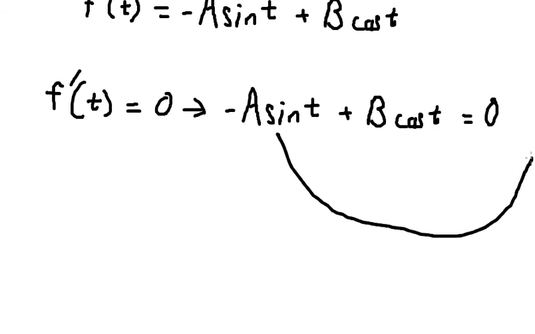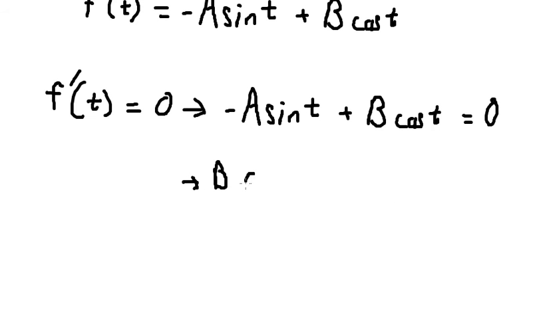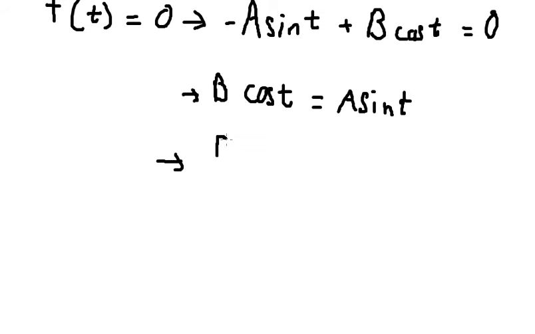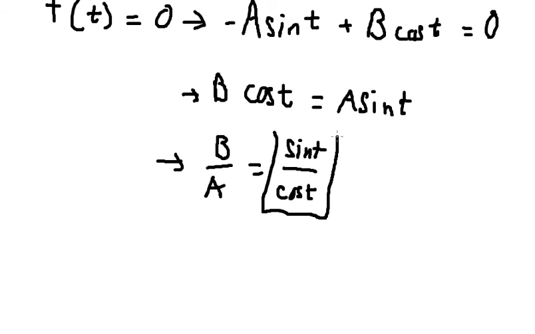So I will move this one to the right. Later we divide both sides by cosine t, and we divide both sides by a. And we know that sine t over cosine t equals tan t.